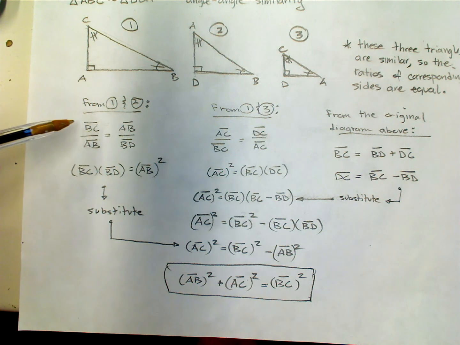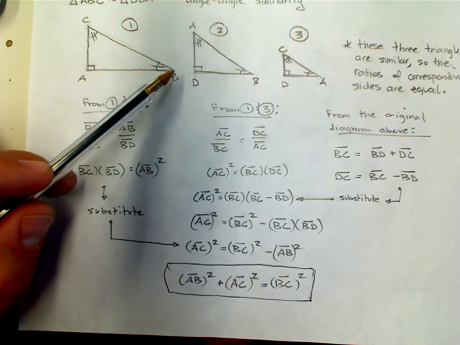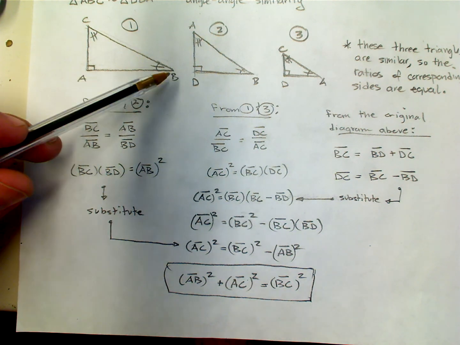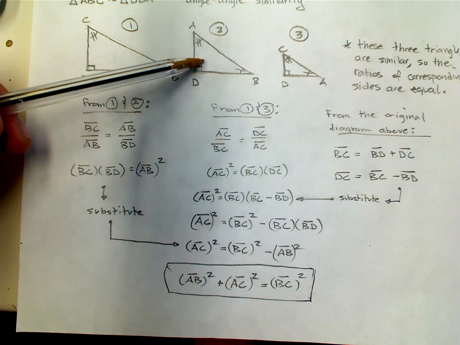And so I continue by just looking at the first two triangles. What I've done right here is I've said that the ratio of side BC, which is the hypotenuse of the big triangle, divided by the longer leg, AB, is going to be equal to the same ratio from this second triangle.